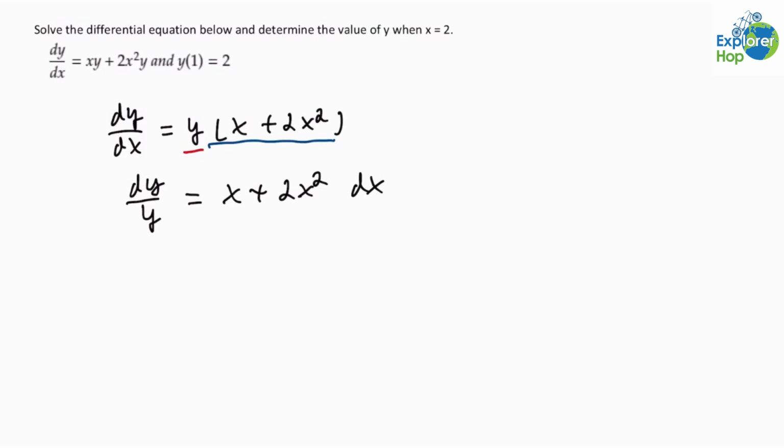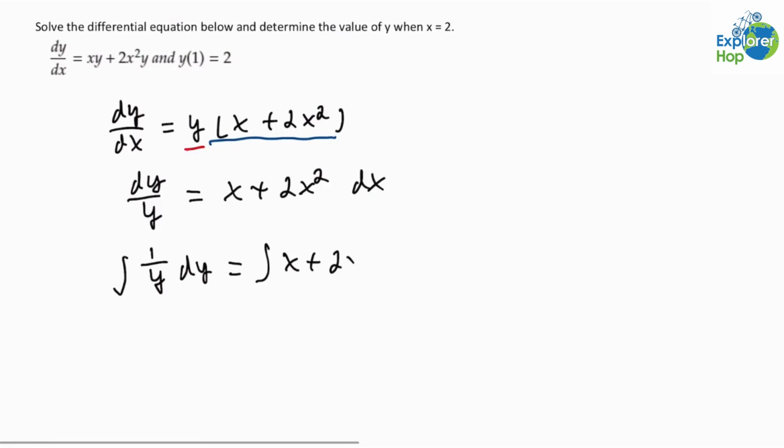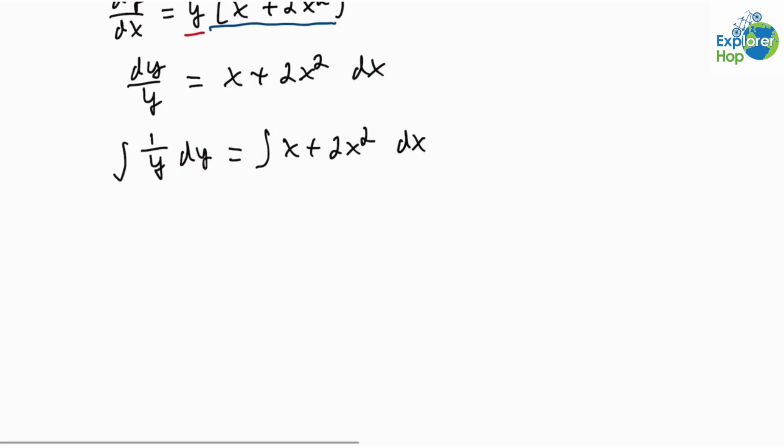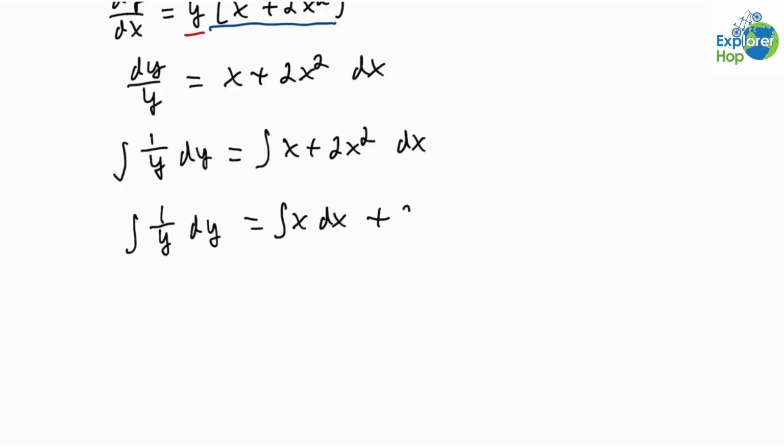Now we can integrate both sides to get that the integral of 1 over y dy is equal to the integral of x plus 2x squared dx. So the integral of 1 over y dy is equal to the integral of x plus 2 times the integral of x squared.